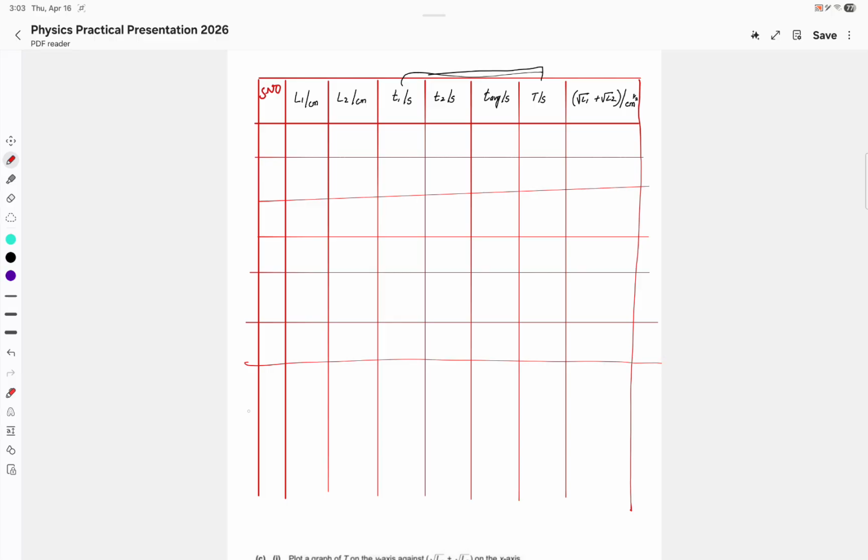If you find time, you can manage to provide additional rows, 7, 8. If you manage time, you can go beyond 6 even, because this will give you an advantage when you are plotting a graph. Definitely we will talk about a graph in the next episode of this series of videos.